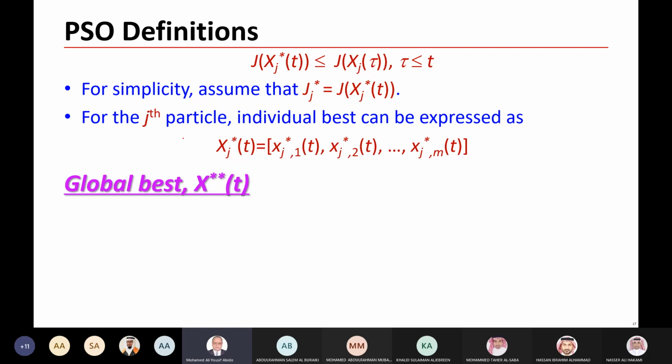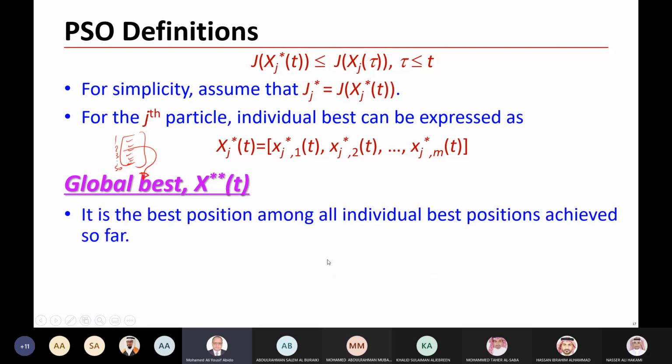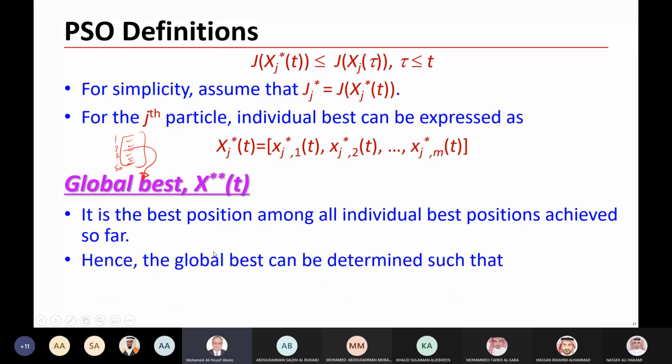If you have all the particle bests for particle 1, particle 2, particle 3 up to particle 50, one of those will be the global best, meaning the best of the bests. So this is the global best. It is the best position among all individual best positions achieved so far.